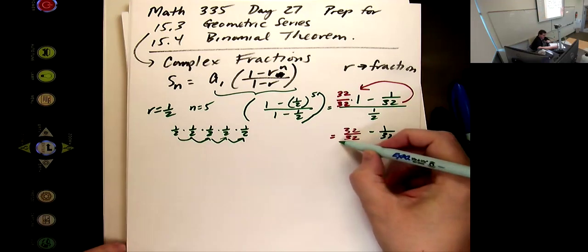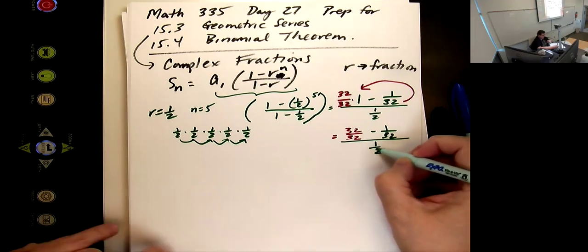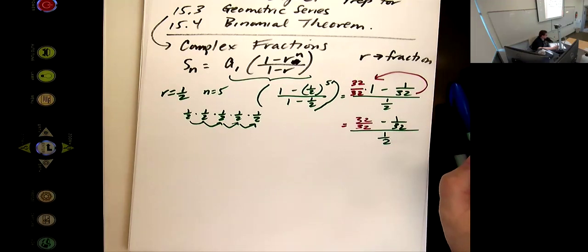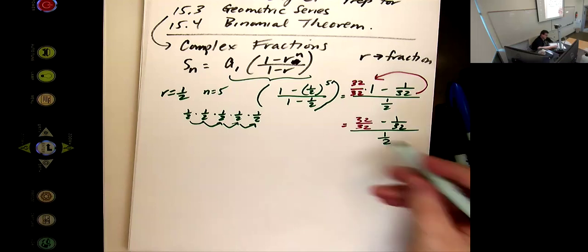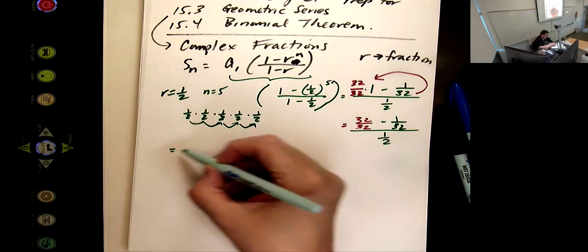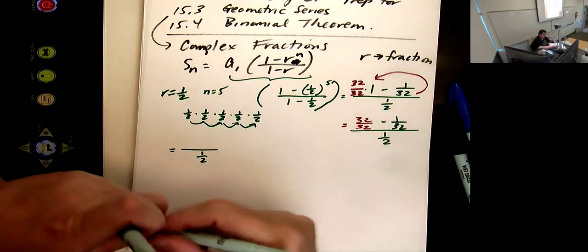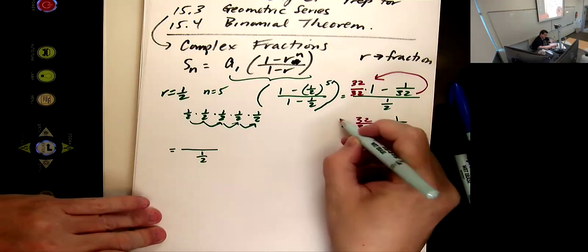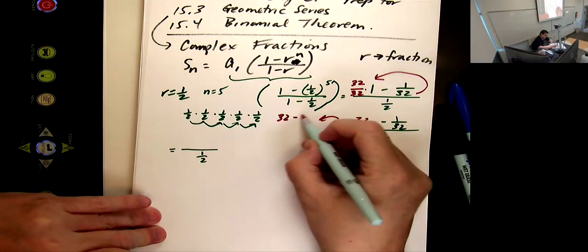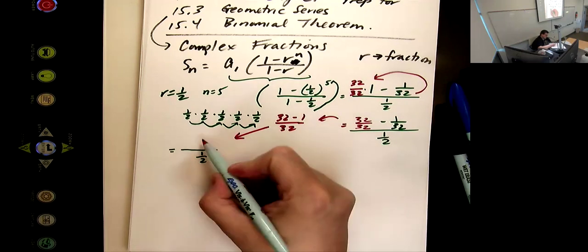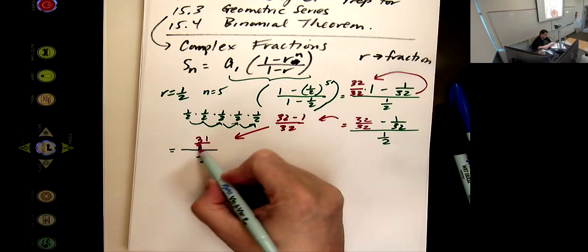And then all of that is over 1/2. So if I clean up the top, we can make this 32 minus 1 over 32, combine them into one fraction. And that's going to put 31 over 32 here.